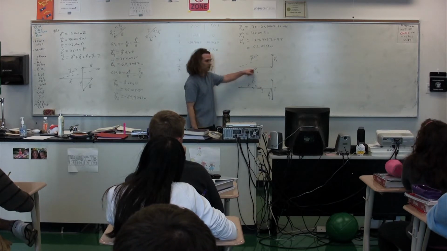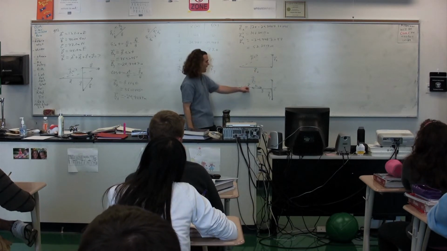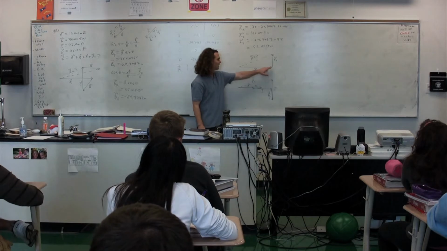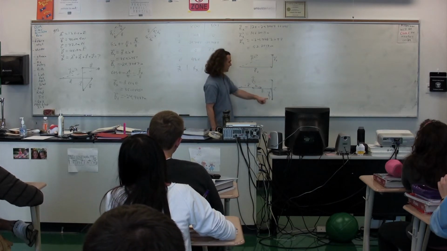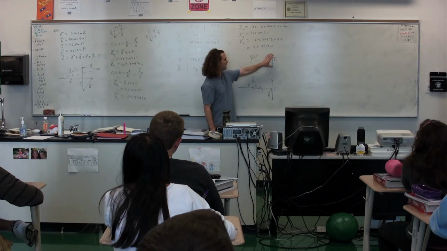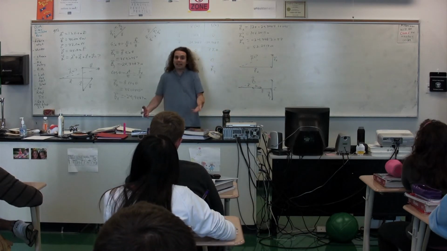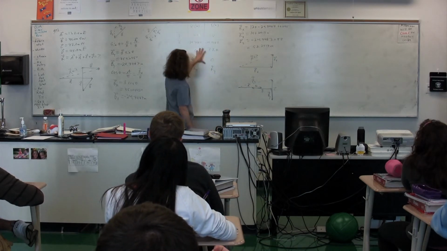So notice that the resultant vector in the x direction is the addition of A, Bx, and D. Gives us this side of the triangle. The resultant vector in the y direction is the addition of By and C. Gives us the resultant in the y direction. So that's the whole reason we go through this piece right here.